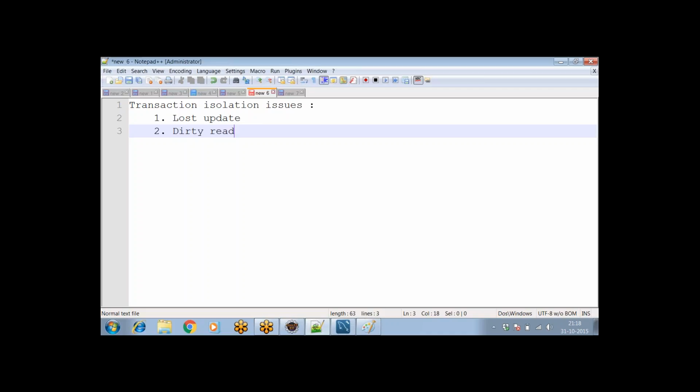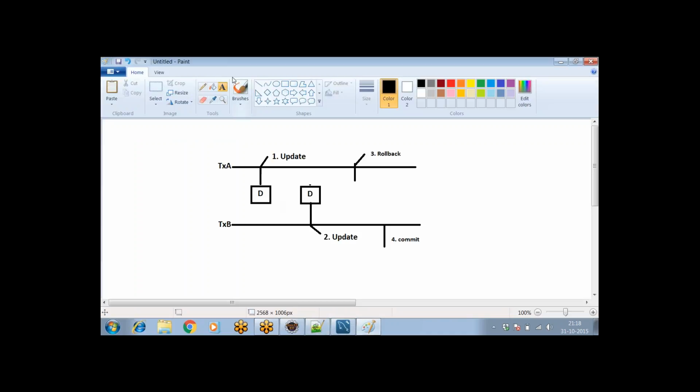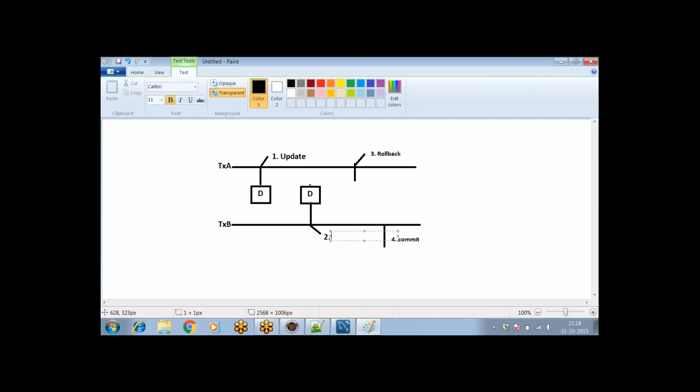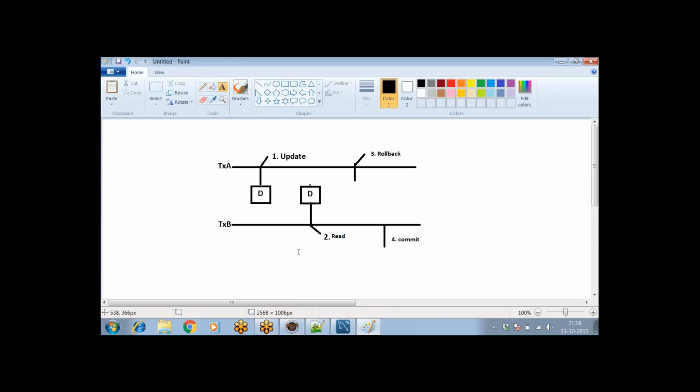Suppose transaction A has updated a row, and transaction B is not trying to update but is reading that data which was updated by transaction A. The important point to note here is that the data is not yet committed.